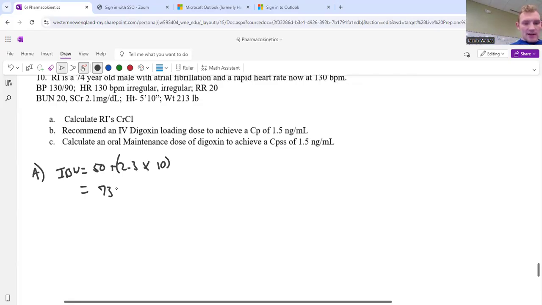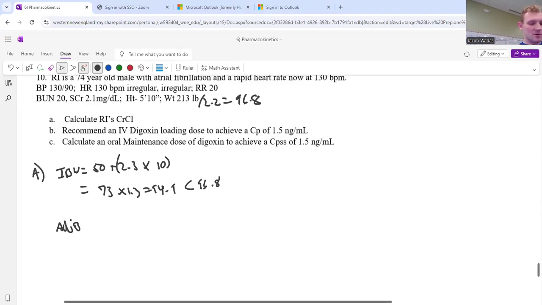His weight was 213. 213 divided by 2.2 equals 96.8. Now 73 times 1.3, for aminoglycoside and for dialysis, equals 94.9, which is less than 96.8. So that means we have to use adjusted body weight for this problem for creatinine clearance.